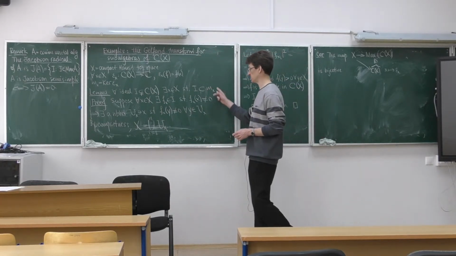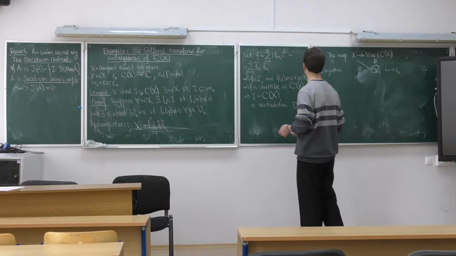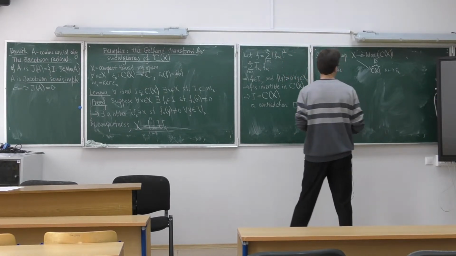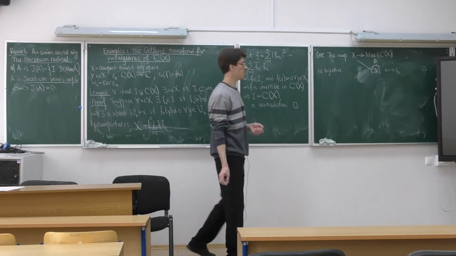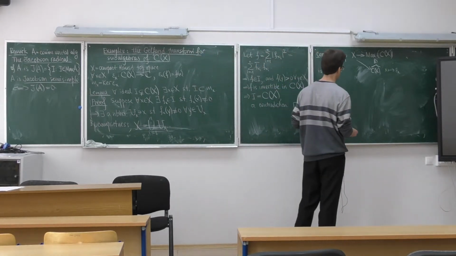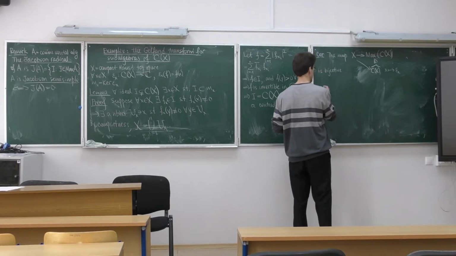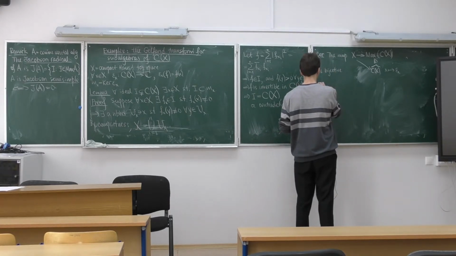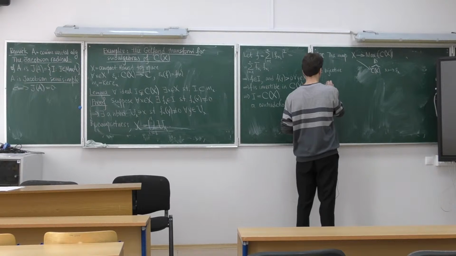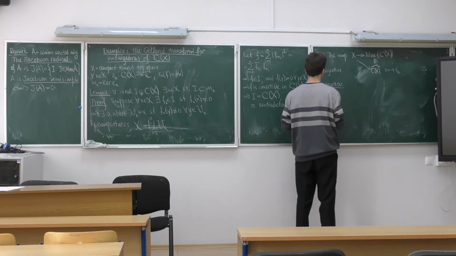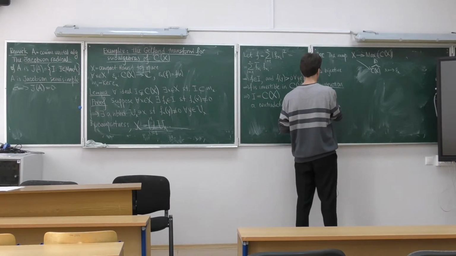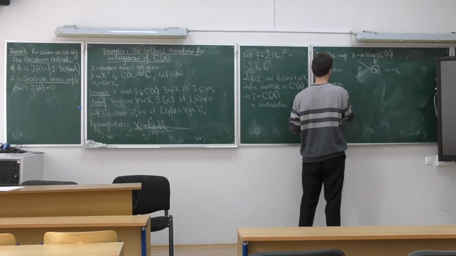Each maximal ideal is of this form. In fact, we will see in a couple of minutes that this map is a homeomorphism. But before we can do it, let's look at the following simple construction. Suppose that X and Y are compact Hausdorff topological spaces.